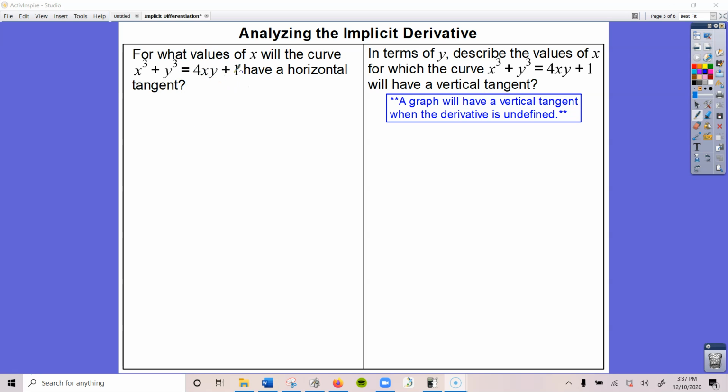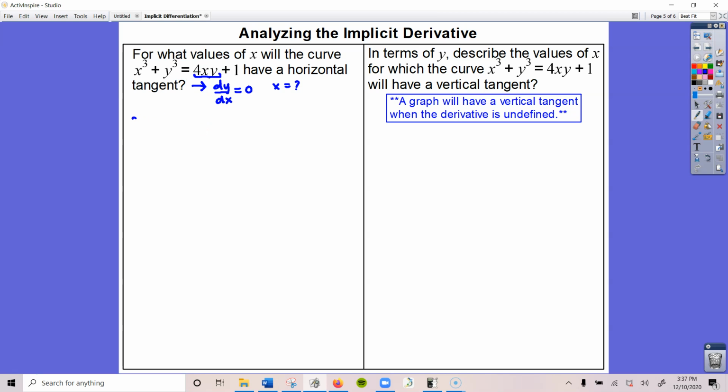Now, in order to figure out when this equation is going to have a horizontal tangent, remember that that is when the derivative is equal to 0. So what we're looking for here is when dy/dx is equal to 0, and we want to solve for x. So first, let's find the derivative, remembering that this here is a product.